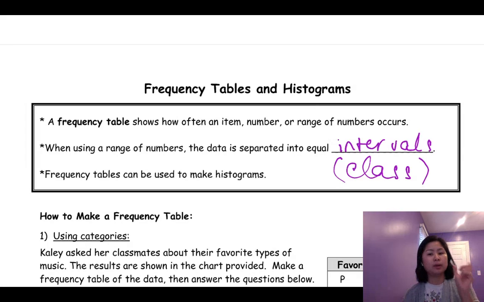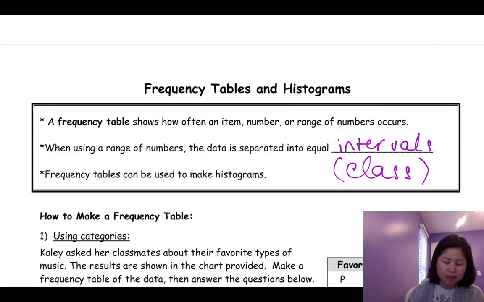When you use a range of numbers, you split it up into intervals, which we call classes. Sometimes it's not just one item but a group, like the freshmen, or ages 15 to 20 and then 21 to 25. That's what we call the interval.